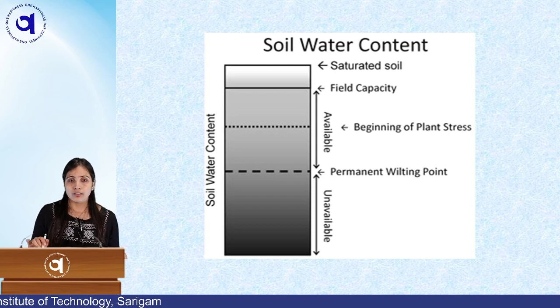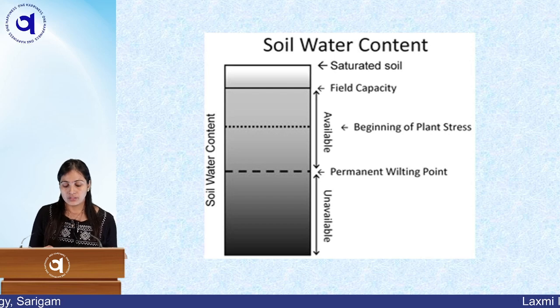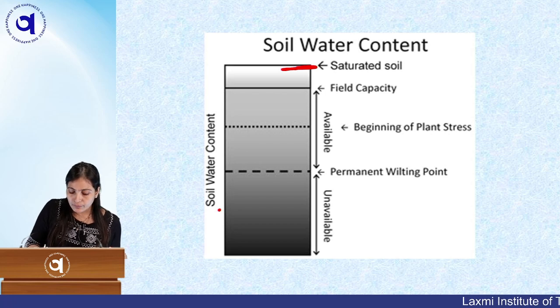Whatever I have taught you, the definition of wilting point and field capacity, is present in this diagrammatic view. This is soil water content. This is saturated soil, which means water is filled over the entire area.